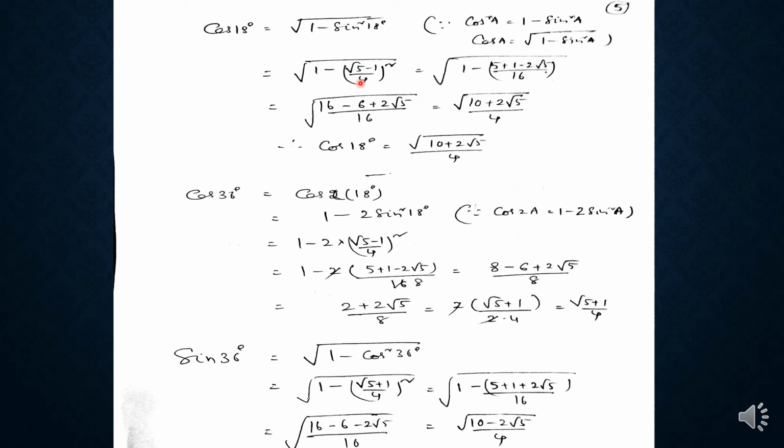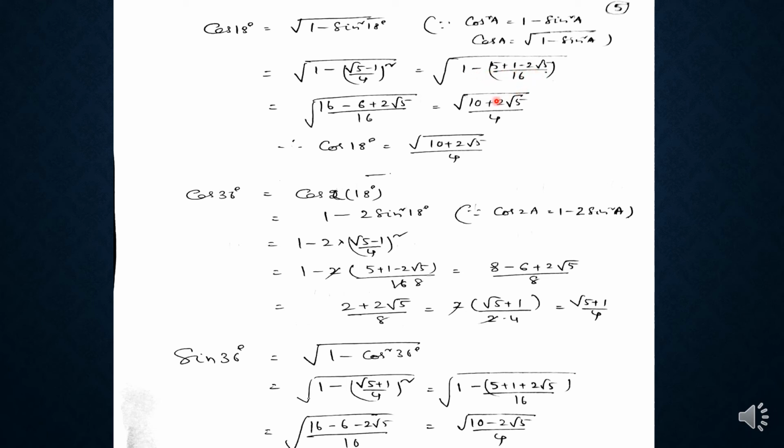So by simplifying this, using a minus b whole square, a square plus b square minus 2ab by 4 square, 16. That is here this becomes 1 minus 6 minus 2 root 5 by 16.